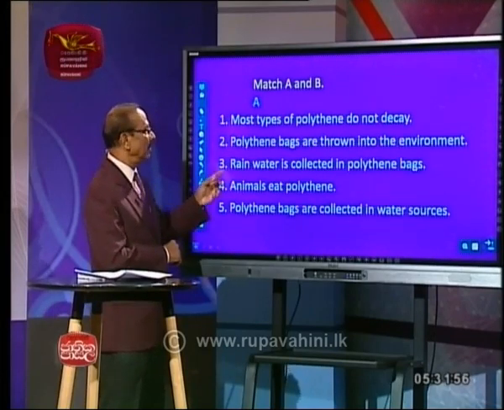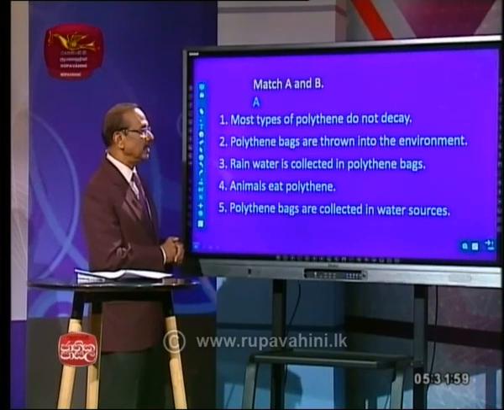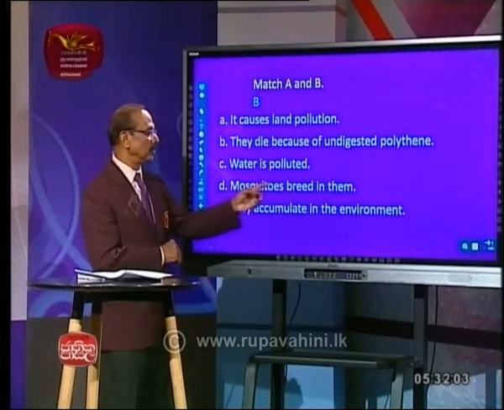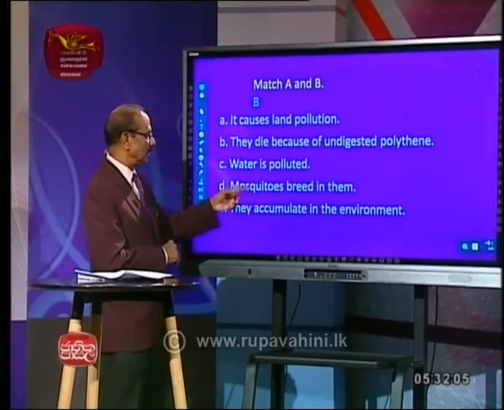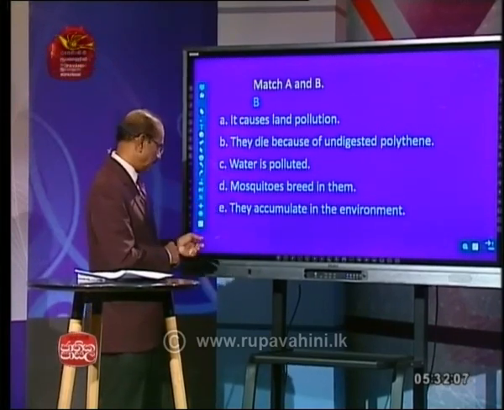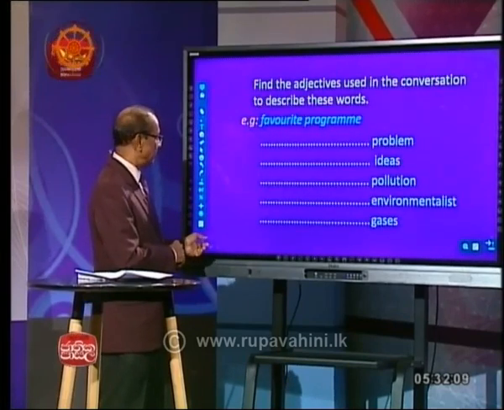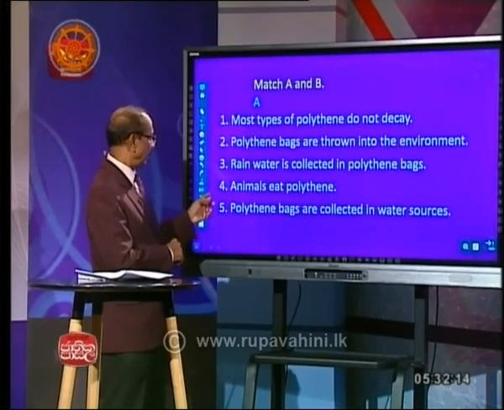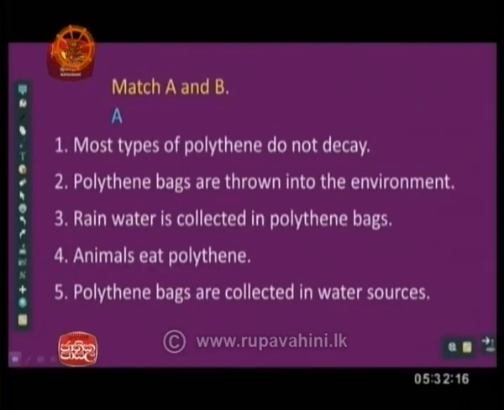A, rainwater is collected in polythene bags. So, what should be the next one? Mosquitoes breed in them. You have to match it. Mosquitoes, that is D, mosquitoes breed in them. Now, let us go to A again. Animals eat polythene.